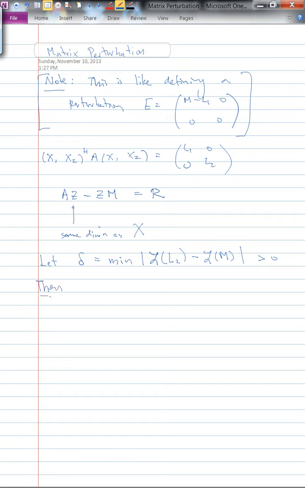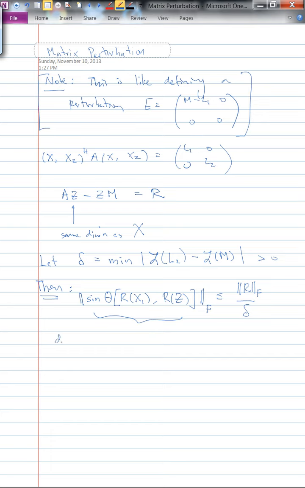Then the theorem says that, I'll explain what this notation means, but I think it's fairly self-explanatory. Then we have this bound. So what is this matrix?